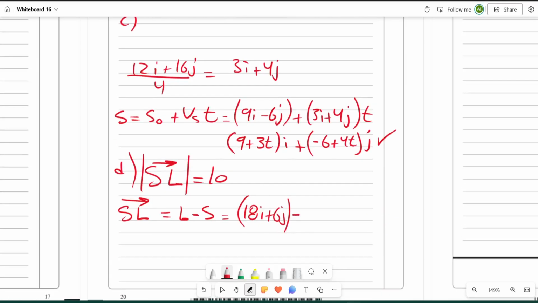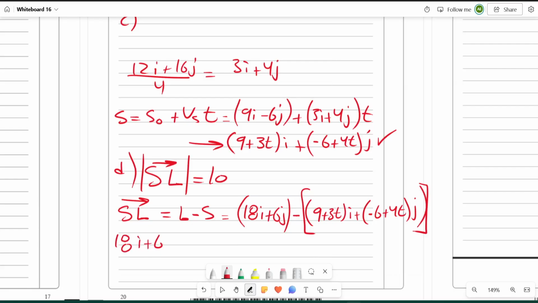And then we minus S, which is this one over here, a big bracket, 9 plus 3t in the i, plus negative 6 plus 4t in the j. So now I will have 18i plus 6j minus, let's group the i's together.